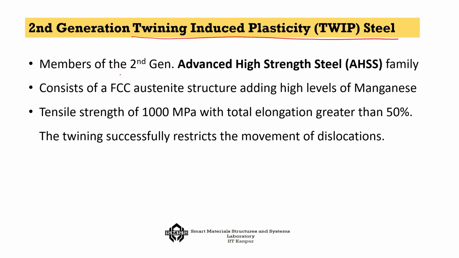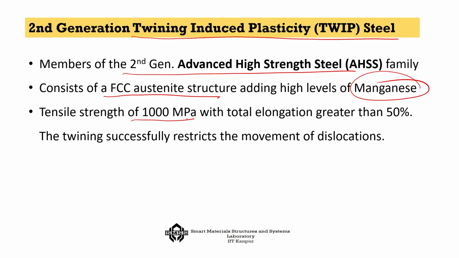This is a member of the second generation advanced high strength steels. It has an FCC austenite structure with a high level of manganese that gives this extraordinary deformation capability. The tensile strength goes up to 1000 megapascal and the total elongation is greater than 50%, that is unbelievable, and twinning successfully restricts, as I told you, the movement of the dislocations.